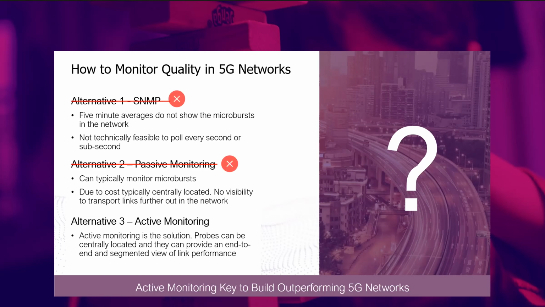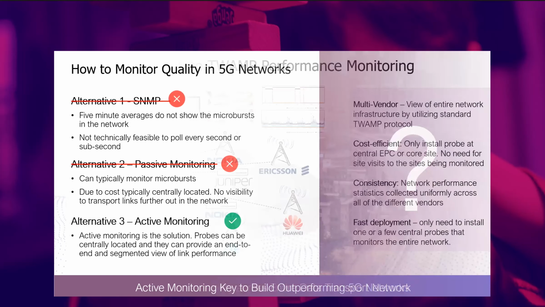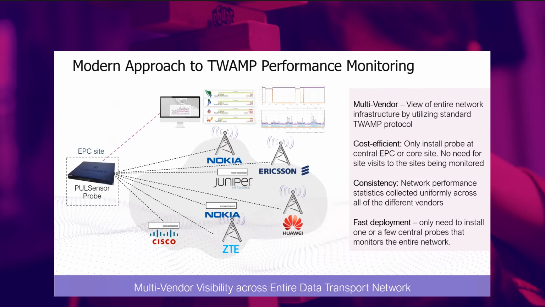Let's look at this a little bit more in detail for active monitoring, and how you should build your active TWAMP performance monitoring solution. The key fact here is that you centrally locate the probe, typically at an EPC site, but it can be some other core site in the network.